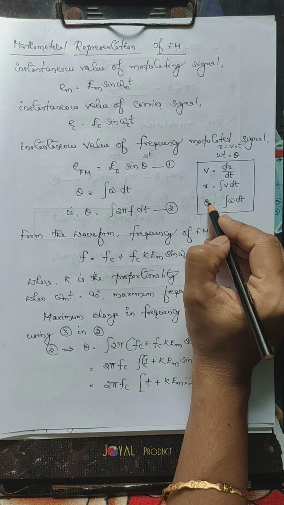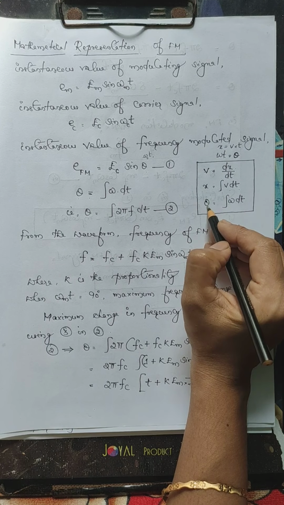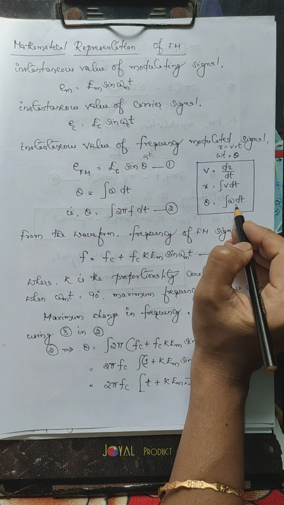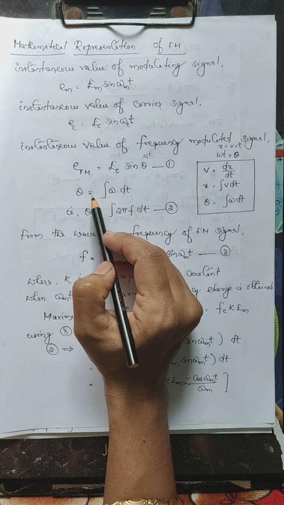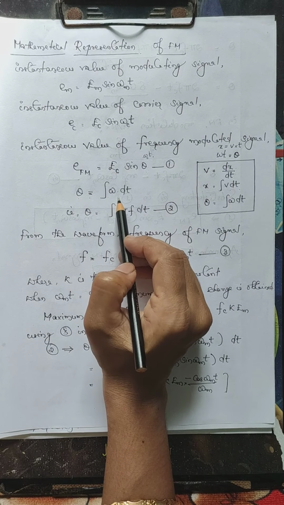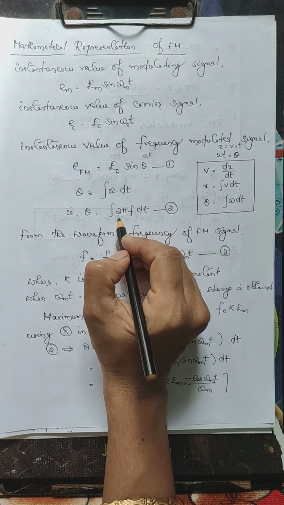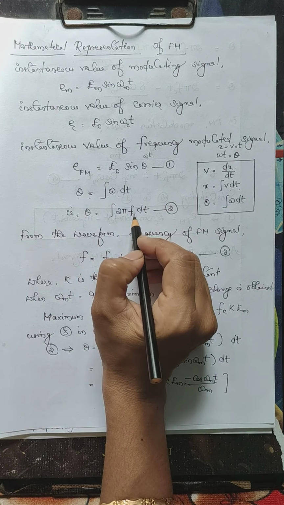Similarly, in angular motion, angular displacement theta is equal to the integral of angular velocity omega into dt. We know that omega is equal to 2 pi f, so theta is equal to the integral of 2 pi f dt.